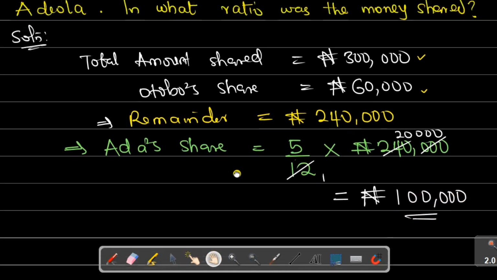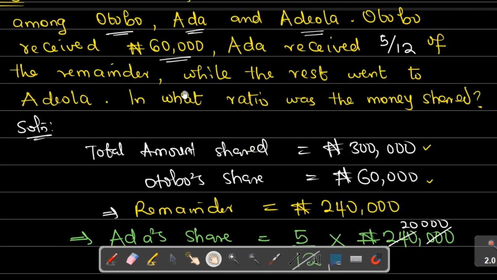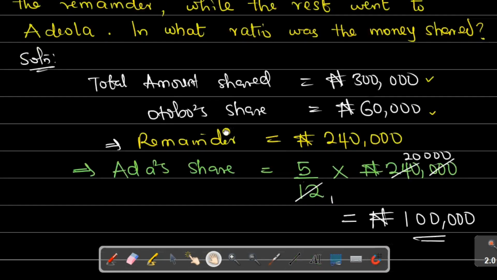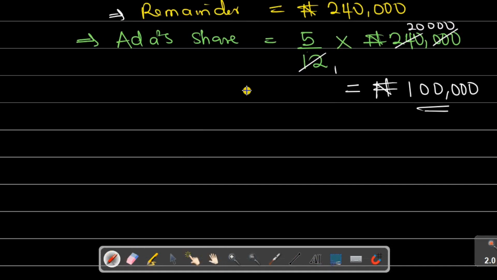But this is not exactly what they asked us to find. They said that the rest after you remove Ada's share belongs to the third person, Adiola, and then they asked in what ratio the money was shared. So we really need to get all 3 shares. We have Otobo 60,000 and Ada 100,000.